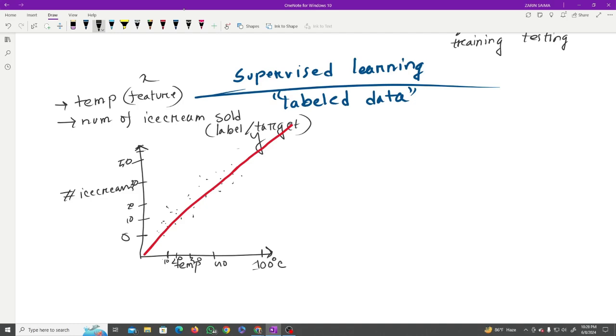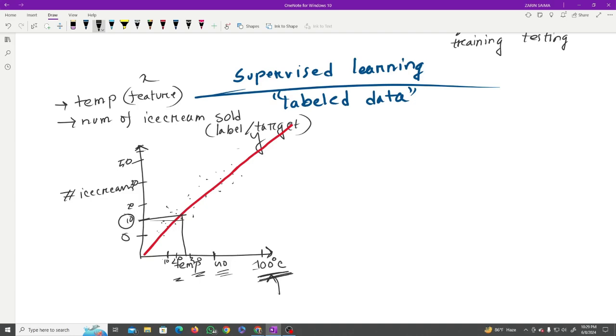Now you want to predict how many ice creams will be sold for 100 degrees Celsius. So if we draw a line over here, and suppose this is 60, you can predict that, okay, when the temperature is 60 degrees, maybe we will have 60 ice creams sold.